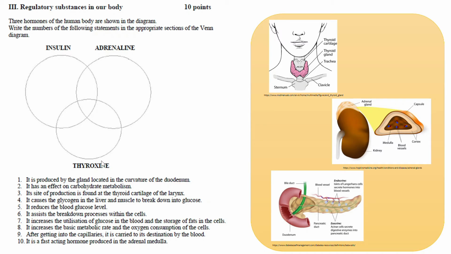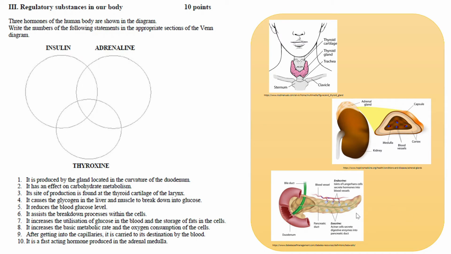So thyroxine is produced by the thyroid gland, and actually it's an amino acid derivative with iodine in it, and it's responsible for regulating the metabolic rate of our cells. Adrenaline, we often call it a fight or flight hormone, which is produced in case of a sudden stressful situation. When the sympathetic nervous system is activated, actually the adrenal medulla is responsible for producing adrenaline.